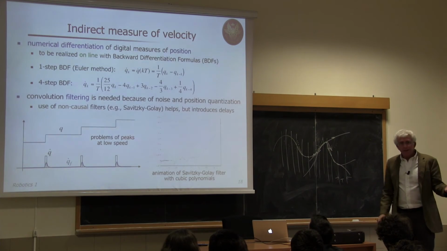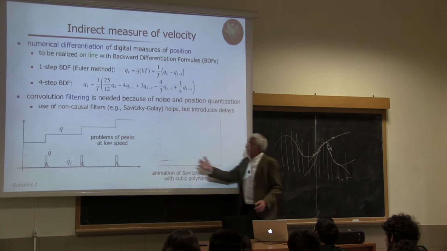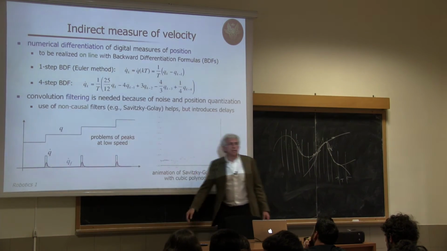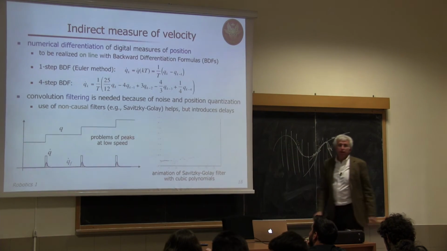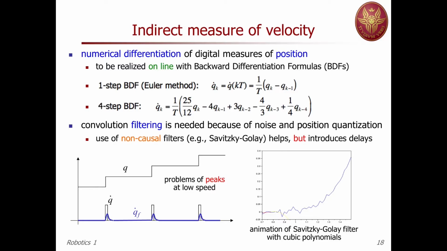Okay? Very simple. So this type of filters, there are many of them. One class is the Savitsky-Golay method. And here I have an animation of what happens when you have a noisy signal. And the noisy signal means that, especially if you're moving at low speed, you may have these peaks and additional noise.